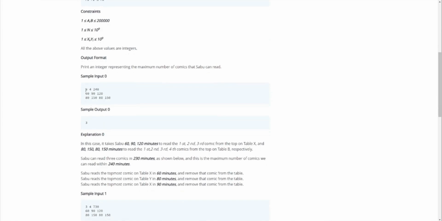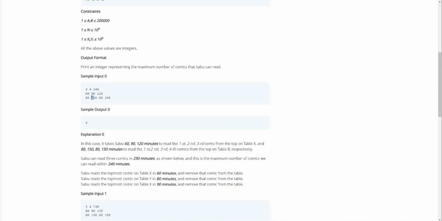As you can see, there are 3 books on table X and 4 books on table Y, and in total he has 240 minutes. So 60, 90, 80. He can only read this number of books, right? 60 plus 80 would be 140, and 140 plus 90. He can only read this much.